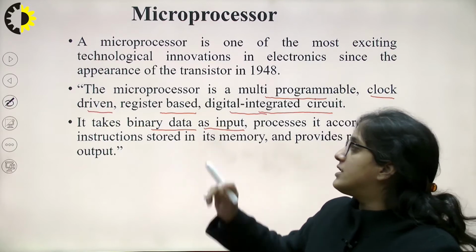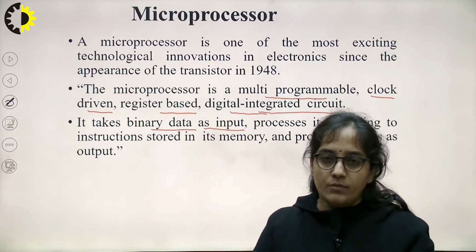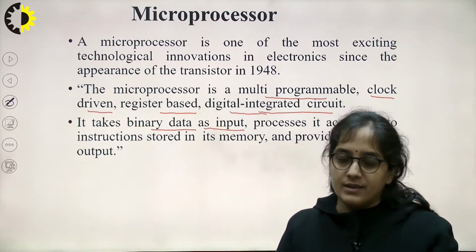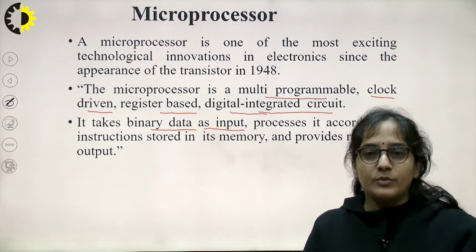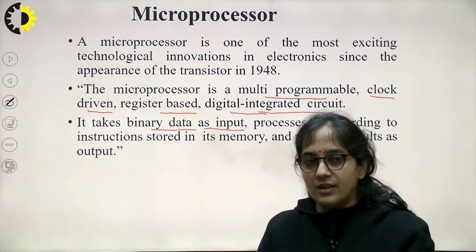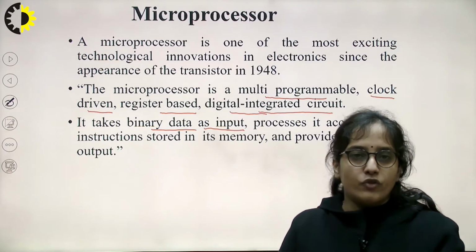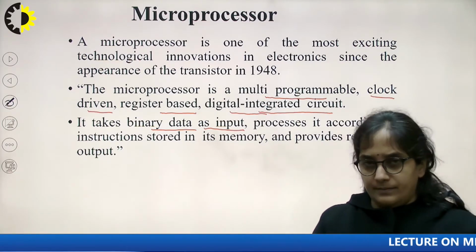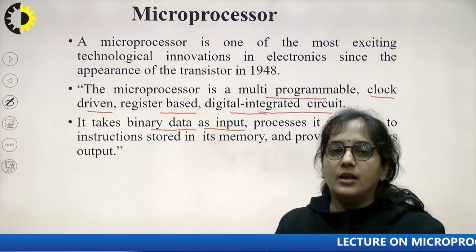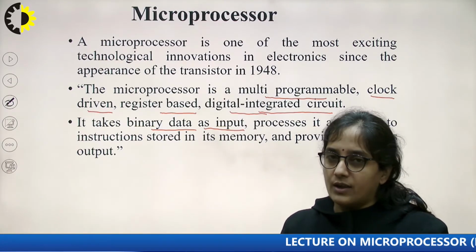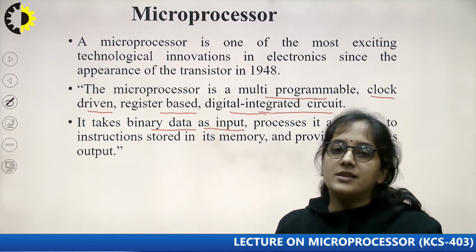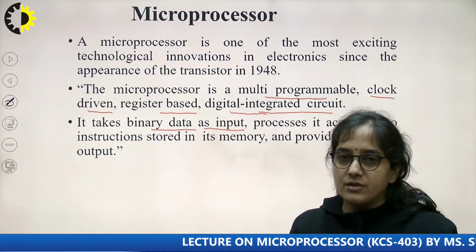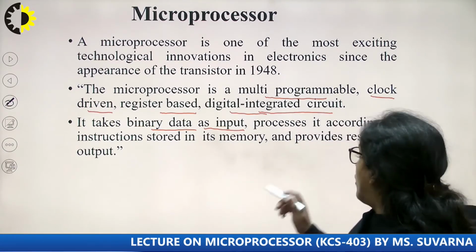So, the data which is inserted is binary in form. We will see what this binary data means. Then this microprocessor will process this data according to the instructions we have written in the memory unit, and after performing all the operations on the required data, the result is provided by the microprocessor as output.